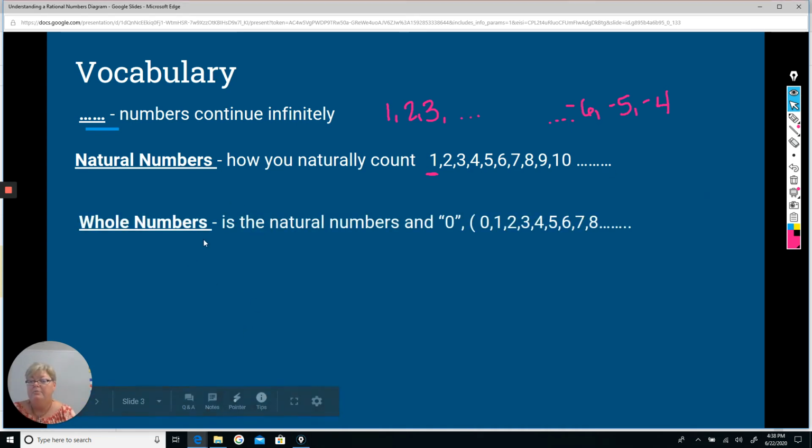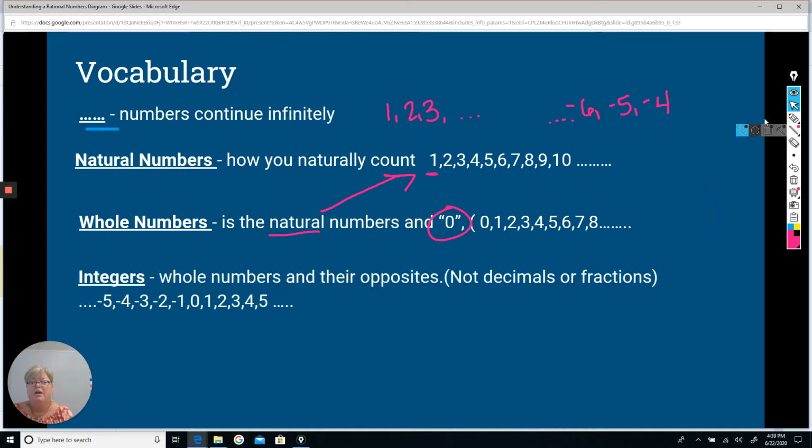All right, then whole numbers. Well, whole numbers are the natural numbers plus 0. So if you're looking at that, it's 0, and then the way you naturally count. Now let's look at the next group of numbers.